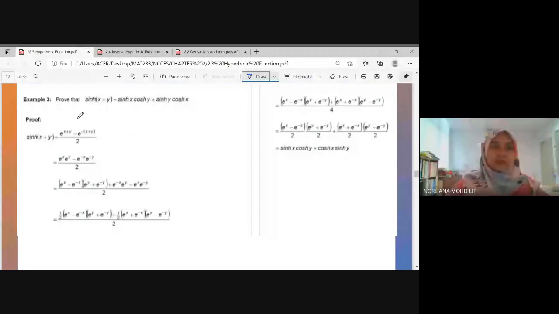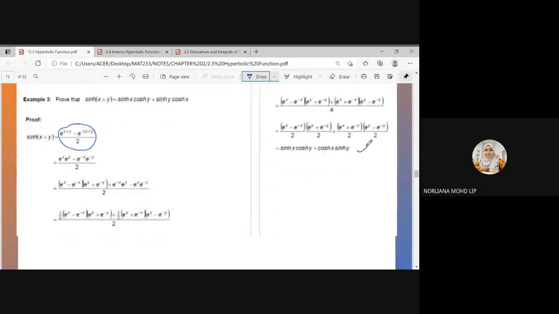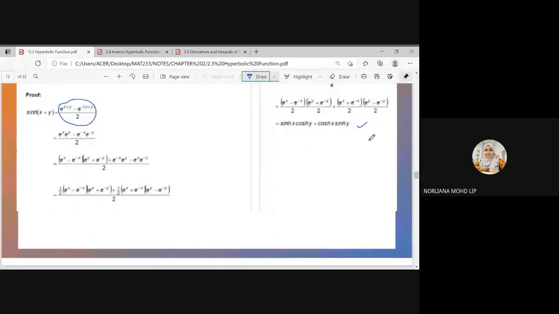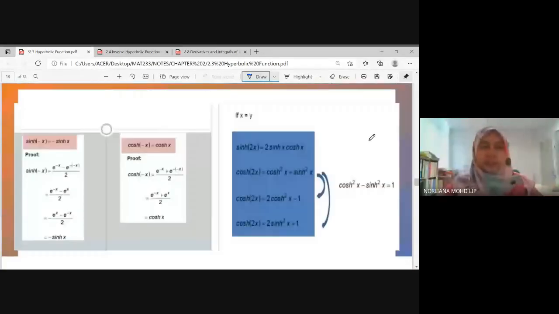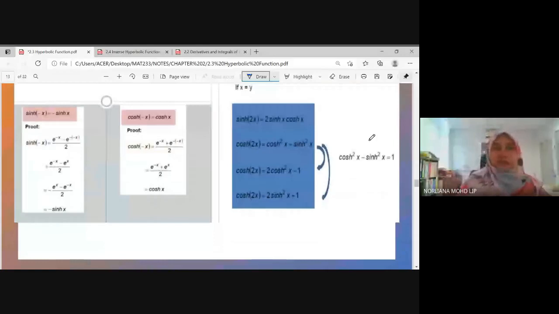Okay, masukkan dalam ni, dia punya equation. Ni boleh tengok sini lah ni. Ni dia contoh proving dia ni. Ni pun sama, proving the sine, hyperbolic sine negative x equal to negative hyperbolic sine. Ni awak boleh tengok sini lah, proving.